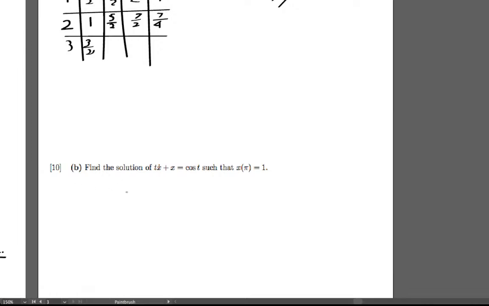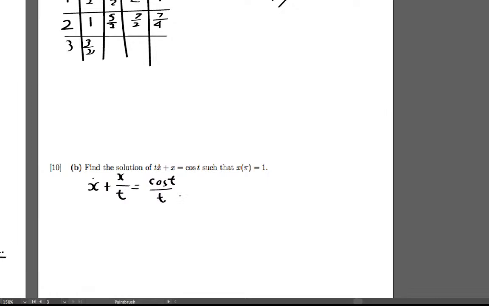First things first, let's make this linear equation general. Cosine t over t. Okay, but then I just realized, I don't like this cosine t.